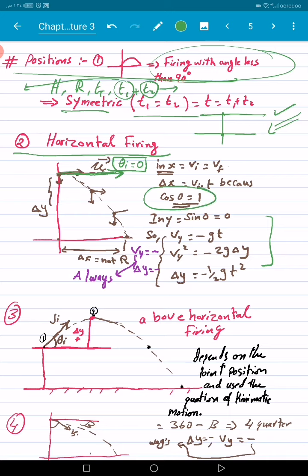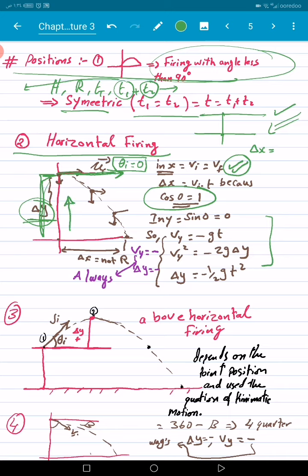So in horizontal, just one equation applies, the equation of delta x. And here there is no range like before, because I am not starting from 0 for delta y, I am starting from the top.